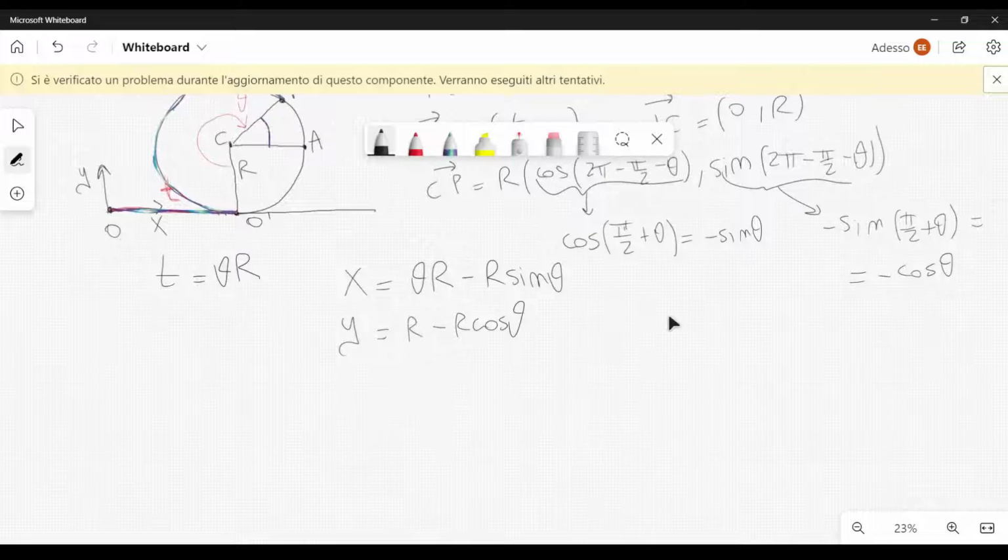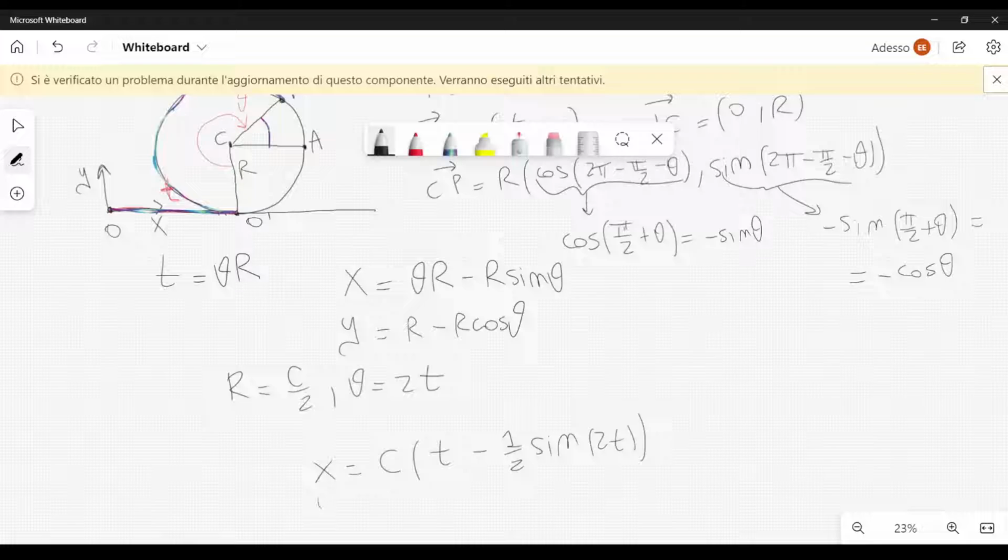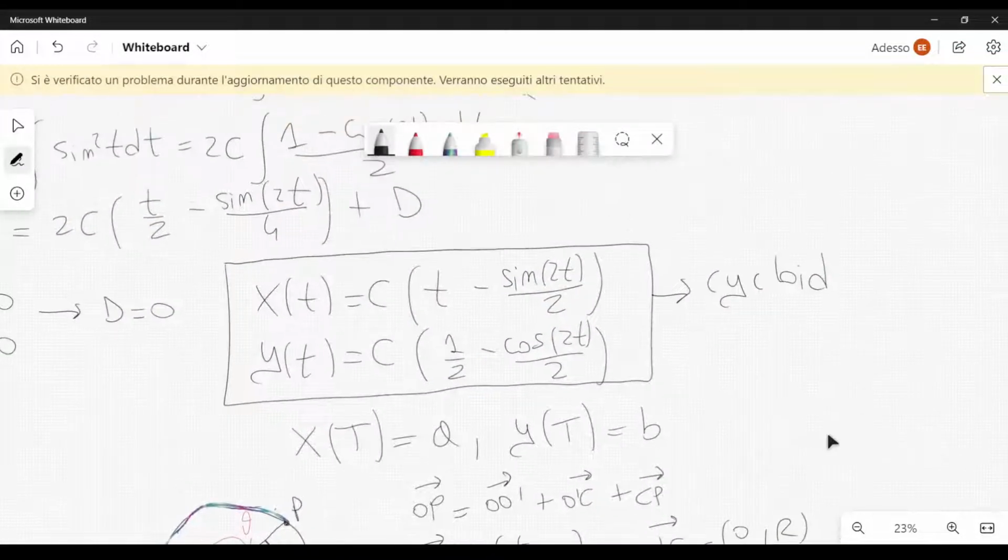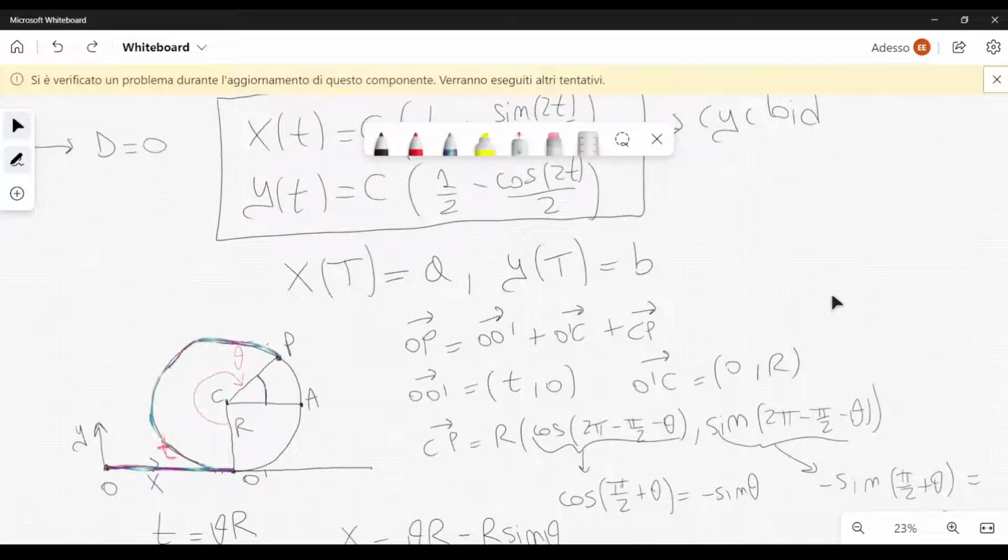And now, if you set r equal to c over 2 and theta equal to 2 times t, and you substitute these two expressions there, you get x equal to c times (t minus 1/2 sine of 2t), and y equal to c times (1/2 minus 1/2 cosine of 2t), which is exactly the curve that we obtained here, this cycloid, right?